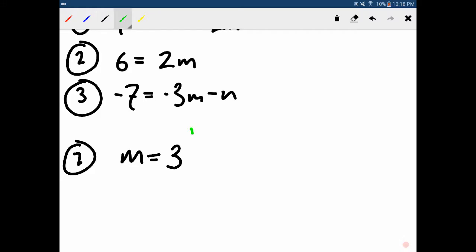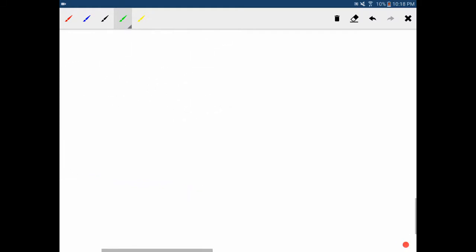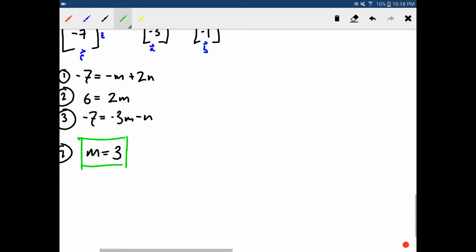So there's our first variable solved for. Now keep in mind this might not actually work, in which case we might sub this in and it's just not true, and we'll see that m does not in fact equal 3. But that's the hope.